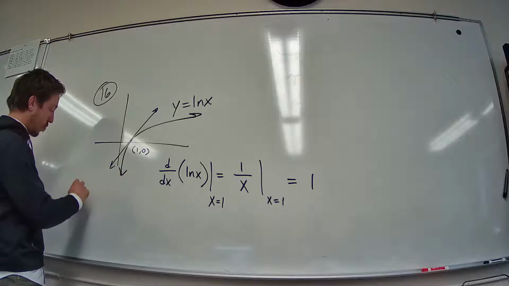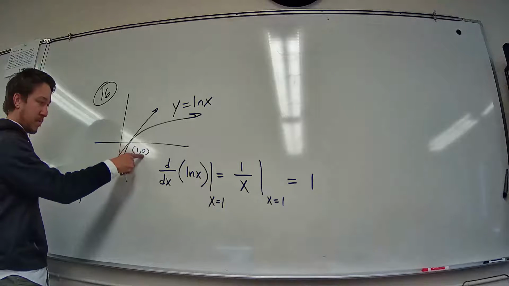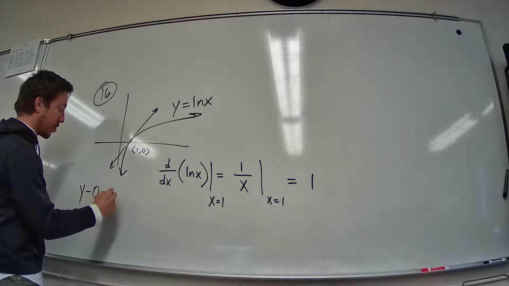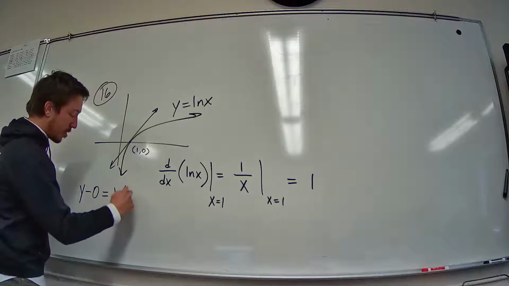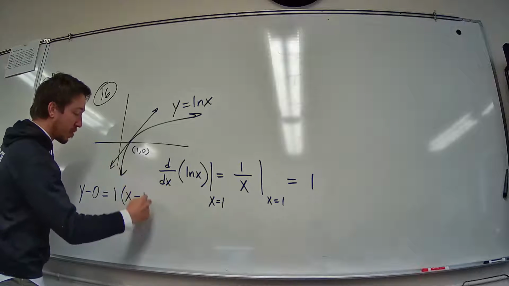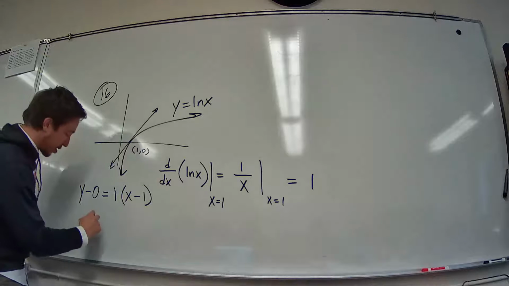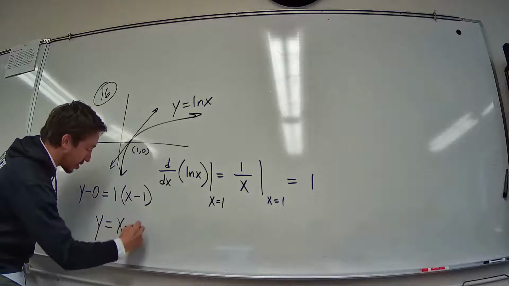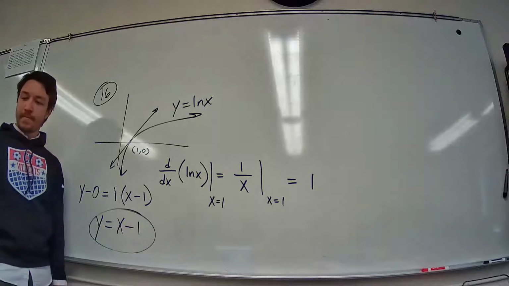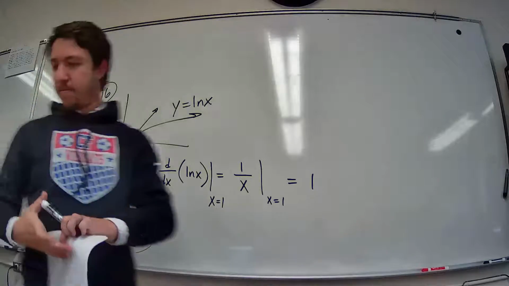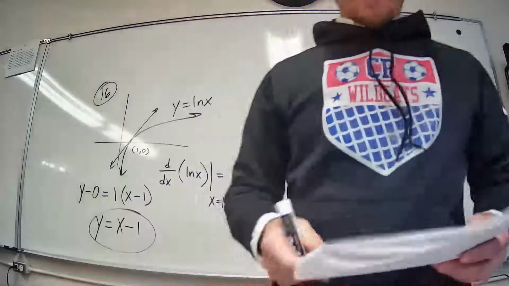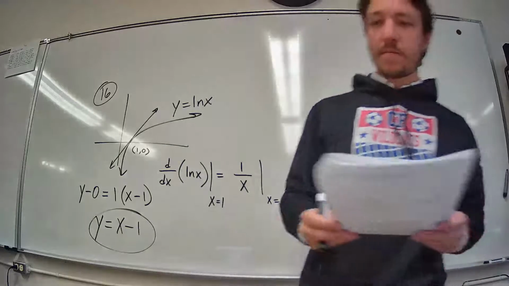Sure. y minus 0 equals the slope times x minus 1. Oh, that's a really simple formula. I might as well just write it like this.